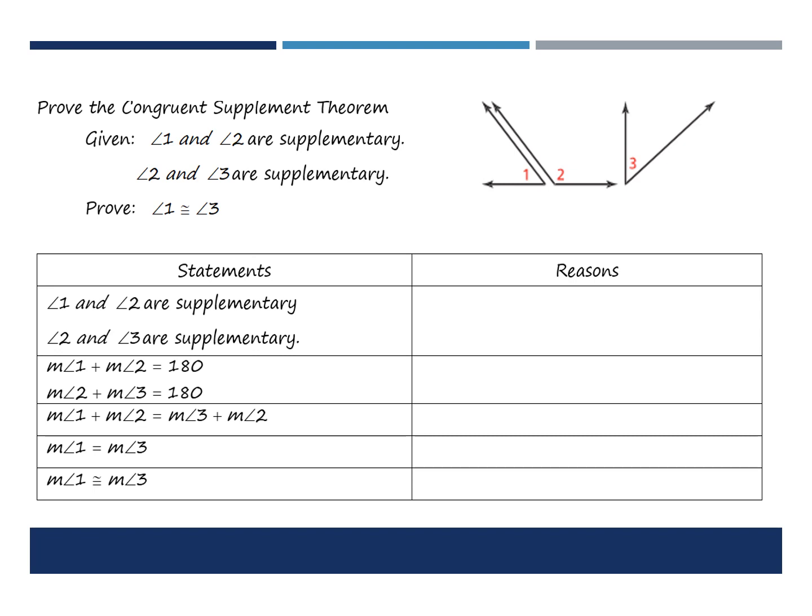So now what we're going to do is prove the congruent supplement theorem. Okay. So we usually start with our givens, and sometimes we can split them up when it makes sense. But in this case, we're going to use the fact that these are supplementary, and we're going to follow the logical steps.